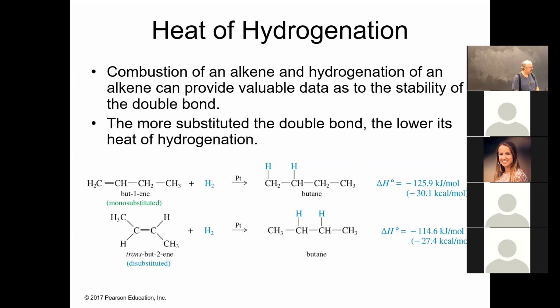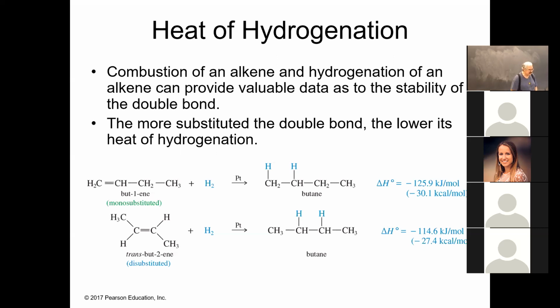So when we convert 1-butene, which is a monosubstituted alkene, to butane using hydrogen, this requires a platinum catalyst. That is exothermic by 125.9 kJ per mole. Trans-2-butene, which has more substituents on the double bond, and it's also a trans isomer, has a heat of hydrogenation of negative 114.6 kJ per mole.